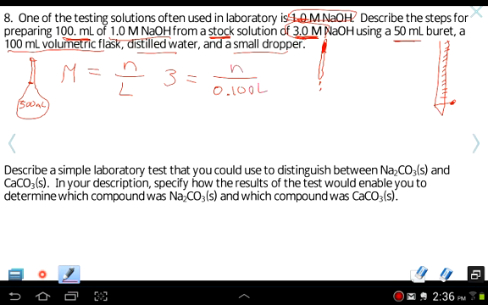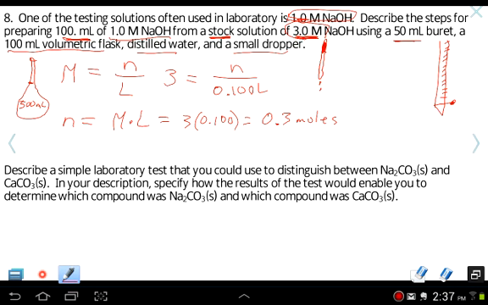So solving for moles, moles is just molarity times liters, which gets us 3 times 0.100, which means that we need 0.3 moles of the solution.